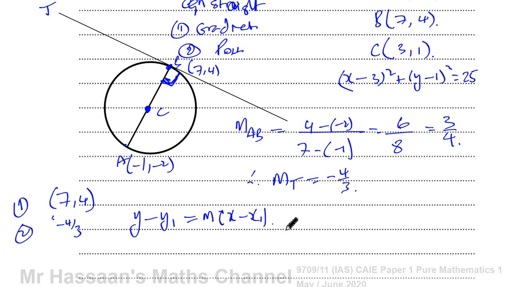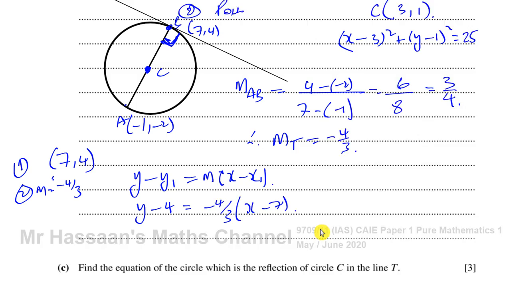A lot of people like to use the formula y equals mx plus c. Both of them are perfectly fine. I much prefer to use this one when we have fractions, especially for the gradient. So you have y minus 4 equals m, which is negative 4 over 3, times x minus 7.